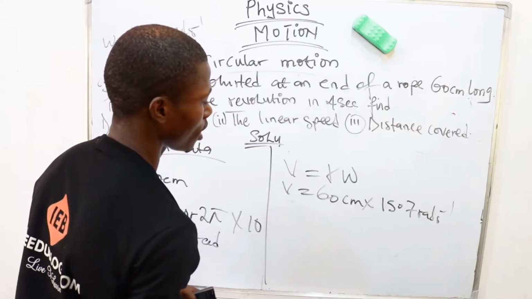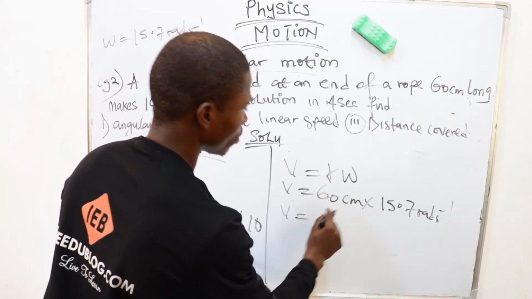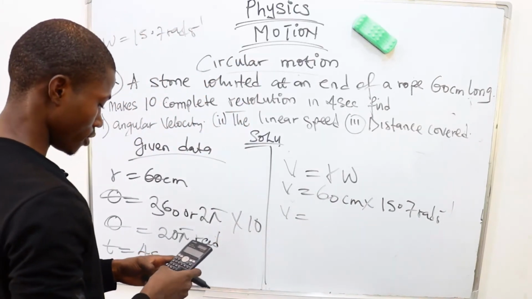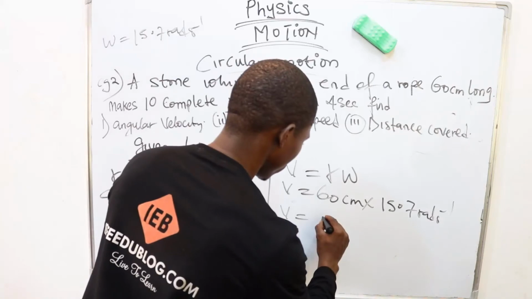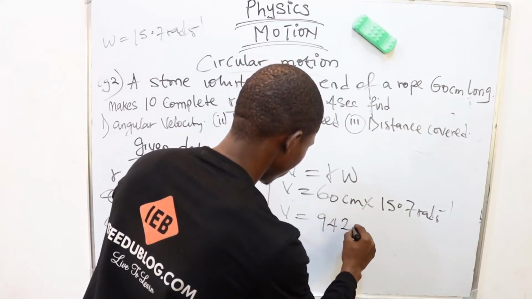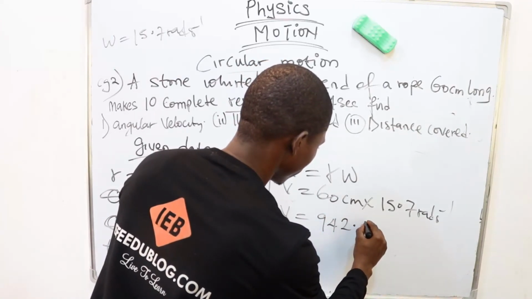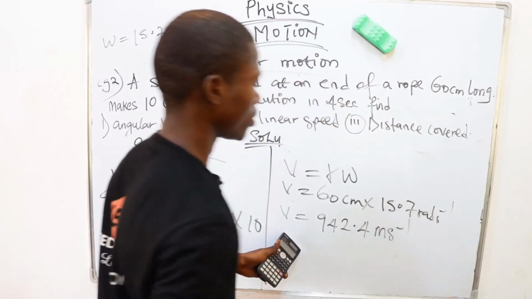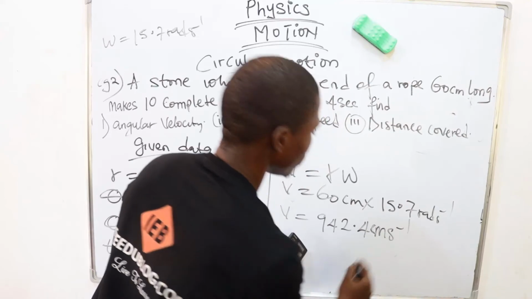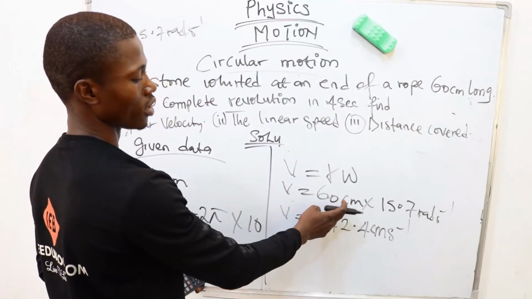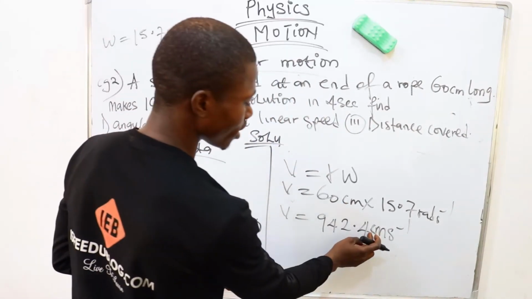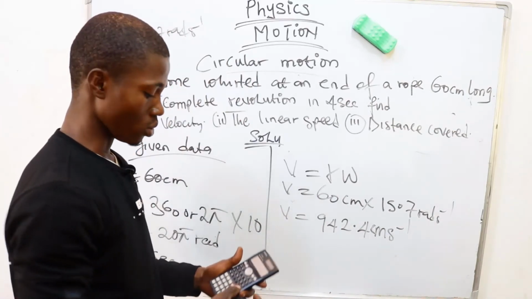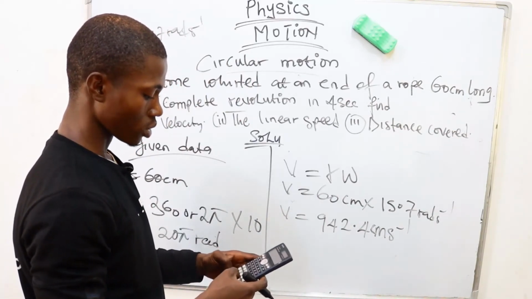So if we multiply out, our V will be equal to 60 times 15.7. It will give us 942.4, and this is centimeters per second, sorry, not meters. We have centimeters here. If we convert this centimeter to meters alone, we are going to divide our answer by 1000.